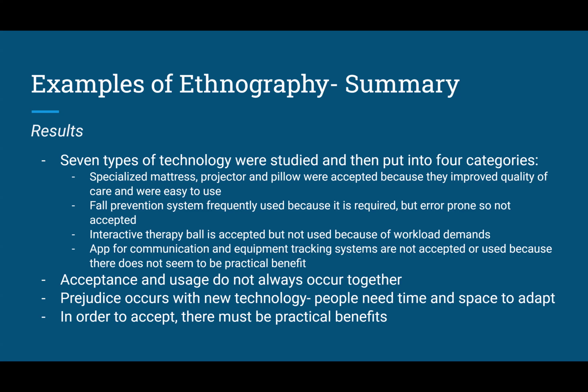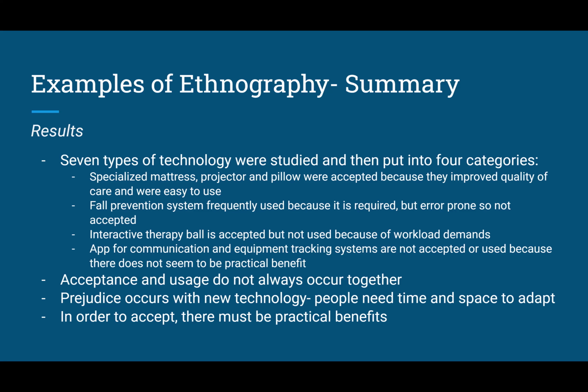The third technology, the interactive therapy ball, was accepted by the nurses but not used often because of their workload demands. They didn't have time to use it. The last category, the app for communication and equipment tracking systems, were not accepted or used by the nurses because they didn't report any practical benefit of using them.